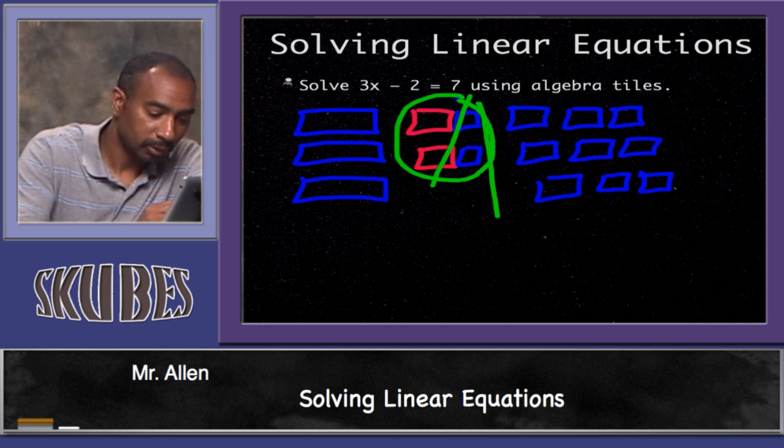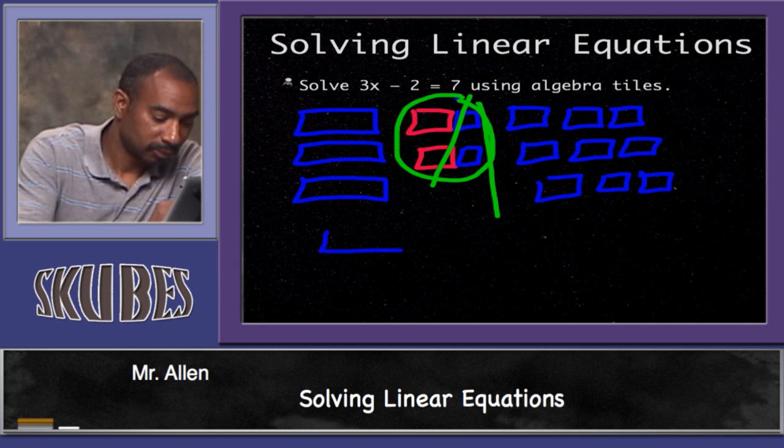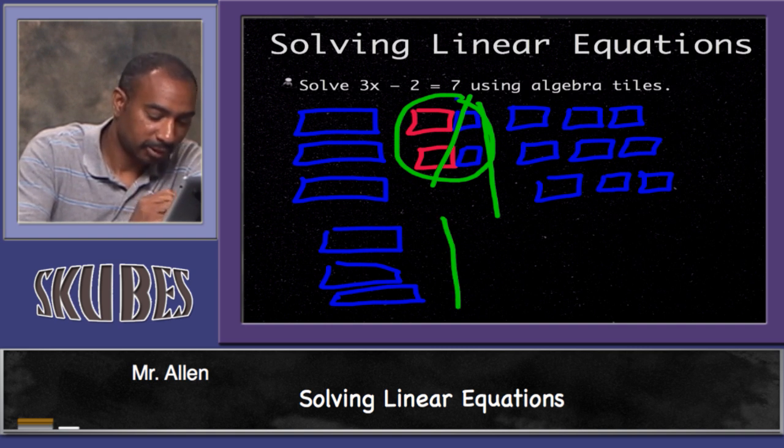That's 0. So what I'm left with is this. I have 3 x's, and then I have 9 of the positive ones.